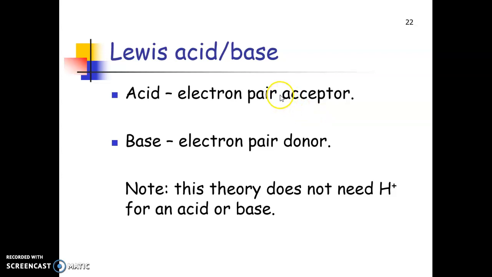So the Lewis acid and base definition could be expanded and applied to very many things. But it has to be an electron pair, not just one electron being transferred or something like that. So let's take a look at an example.